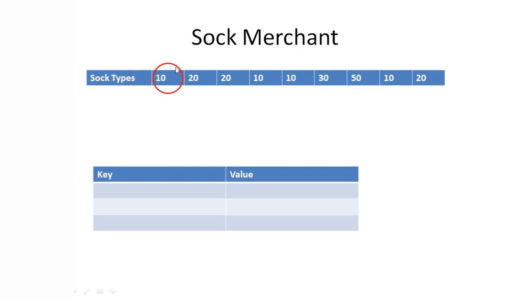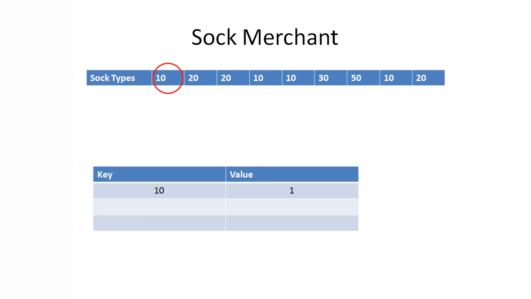When you start scanning the sock types, the sock type becomes the key and the value part will be the frequency. The first time you encounter a sock of type 10, we look into this table and check whether we already have an entry with 10. We don't have it, so we'll add a new entry and set the value as 1.